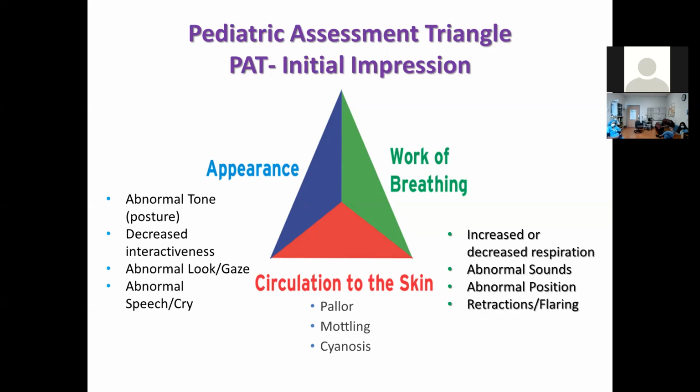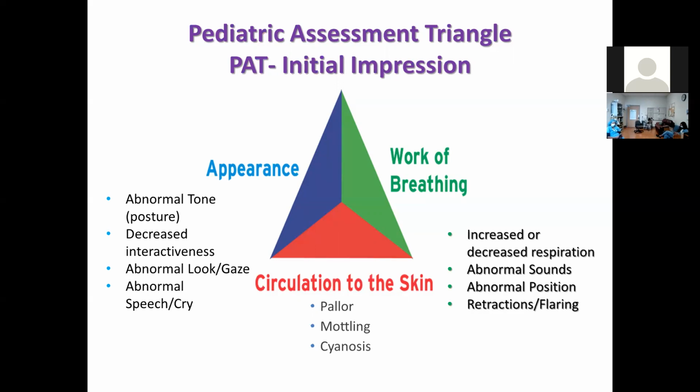We used to call it across-the-room assessment in the past. The intent is to glance at the patient and categorize this patient as looks good or looks bad. So what do we assess under appearance?